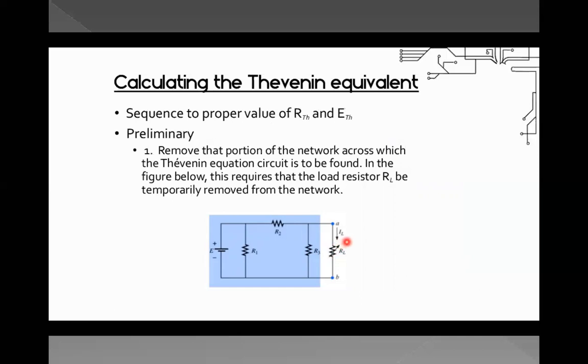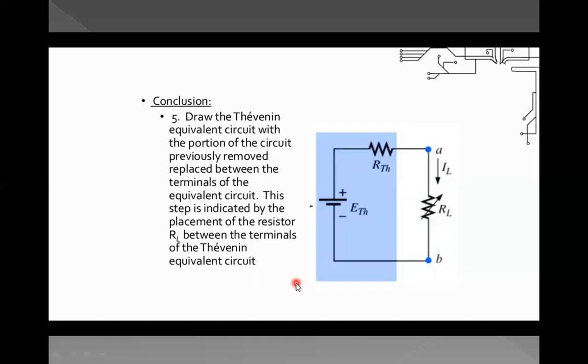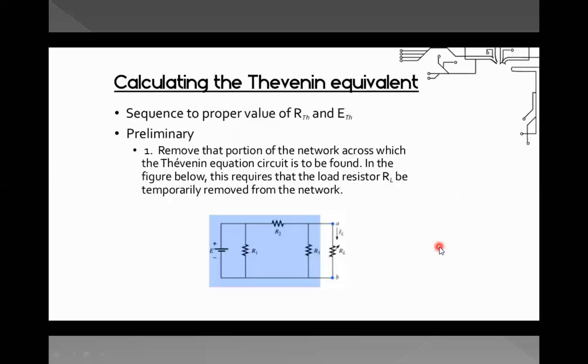So this linear circuit can be replaced with a single voltage source in series with a single resistance, as shown in this diagram. The IL in this equivalent circuit should be equal to the IL flowing in this linear circuit. Then we can say that Thevenin's theorem is proved.